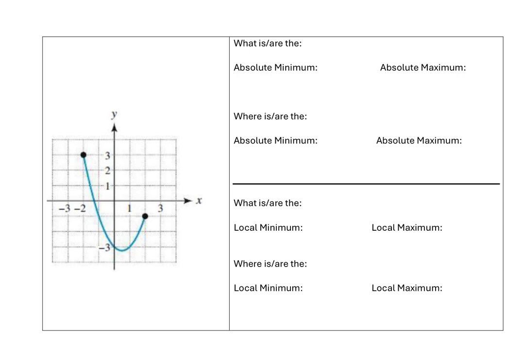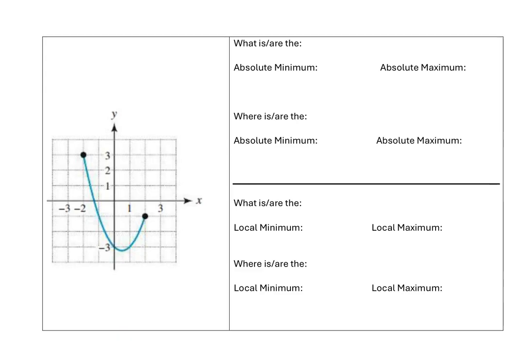Okay, so the main difference to remember here is that if we have endpoints, which we do, and they are minimums or maximums, they cannot be local. Remember that for local mins and maxes, you have to be going up on one side and down the other, or vice versa.